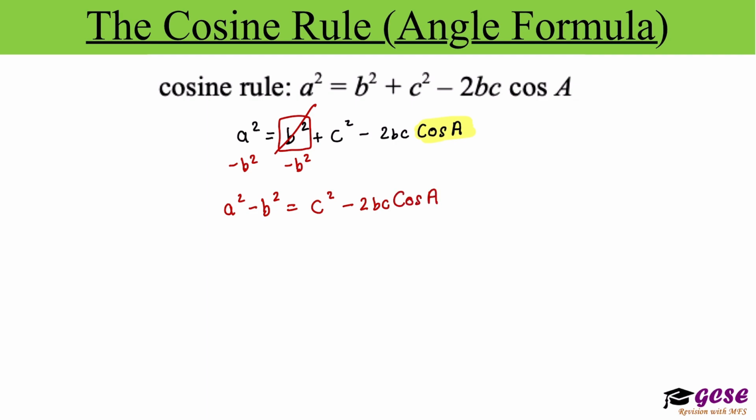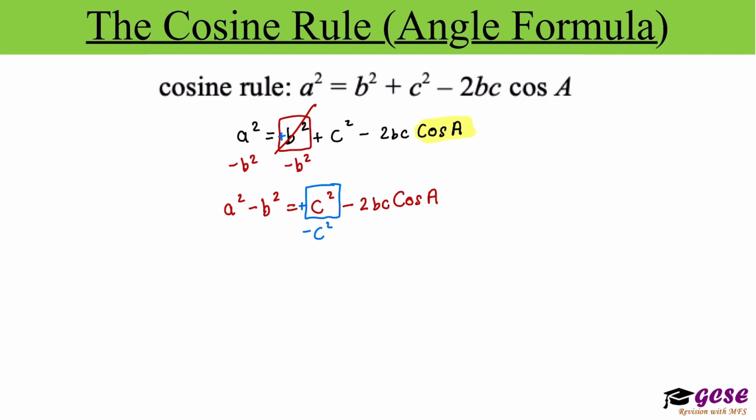Okay, so we've done step one. Now, what we need to do is get rid of this c squared. Okay, how are we going to get rid of that c squared? Well, it's being added once again because there's an invisible add sign here. Okay, same with the b squared. So to get rid of it, we have to do the opposite. So we're going to subtract c squared.